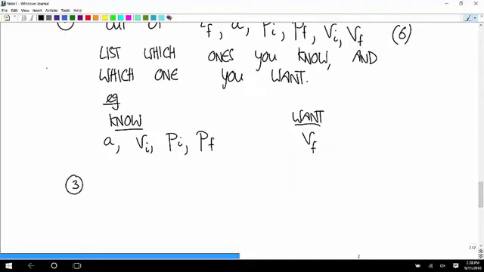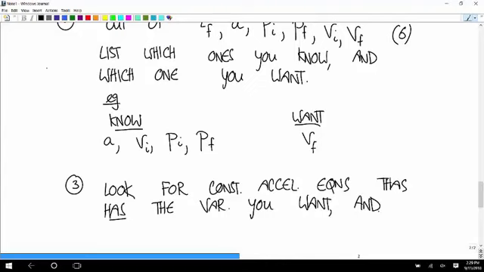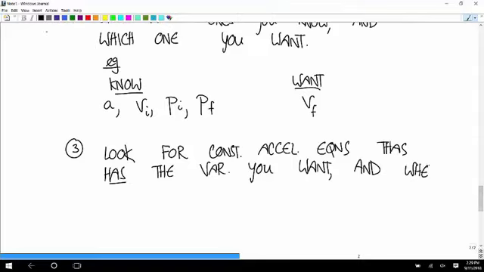Now the third step, and hopefully, and probably most of the time, the last step, is you're going to look for one of those 3 constant acceleration equations that has the variable you want, and where all the other variables are known.